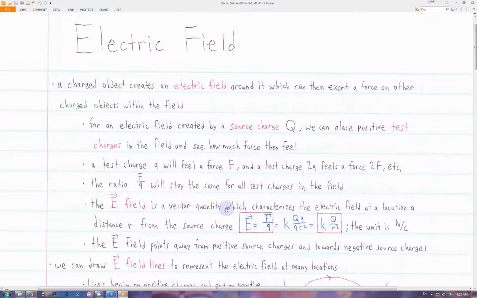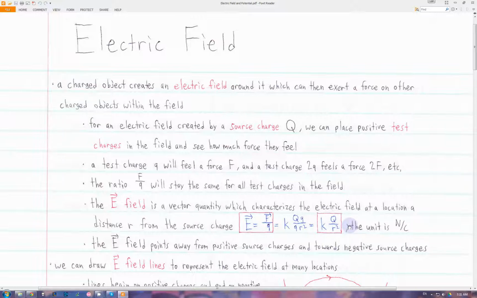And so the E field is defined as the force that a test charge feels divided by the charge of the test charge. Replacing this F with Coulomb's law, and then canceling out the little q, we find that the magnitude of the E field at a distance r away from the source charge will be k, the charge of the source charge, divided by r squared.